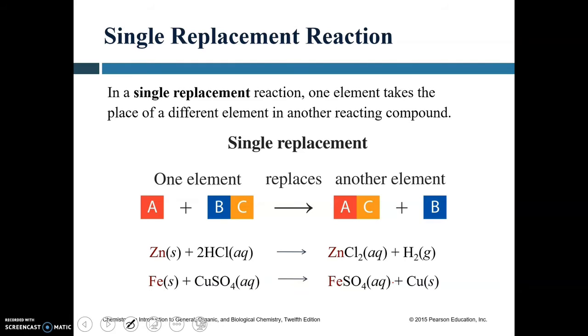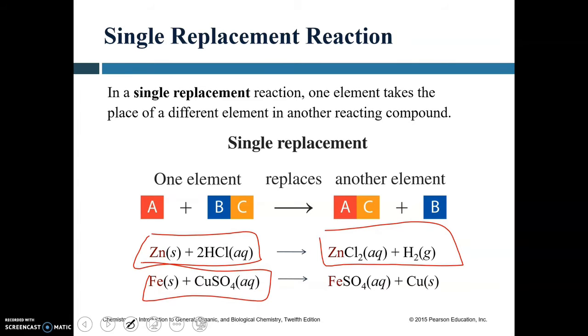So here you have the reaction between zinc and hydrochloric acid, producing zinc chloride and hydrogen, or the reaction of iron with a solution of copper sulfate, producing iron 2 sulfate and copper.